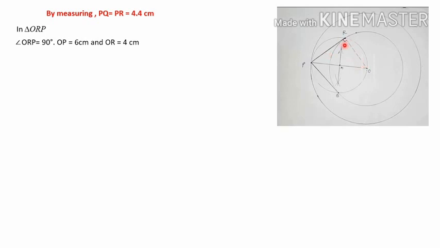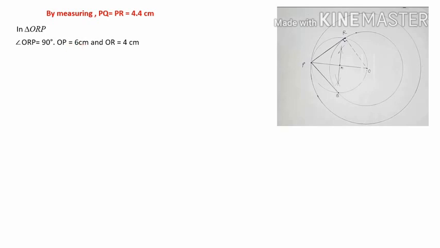This angle is 90 degree. The reason is the angle between the radius and the tangent. If you consider the inner circle, OR is the radius and PR is the tangent to the circle at the point R. So the angle between the radius and the tangent is 90 degree. You have learned this in the circles chapter. So because of that, this angle is 90 degree.